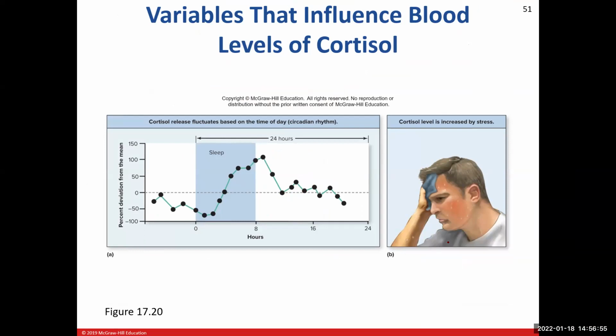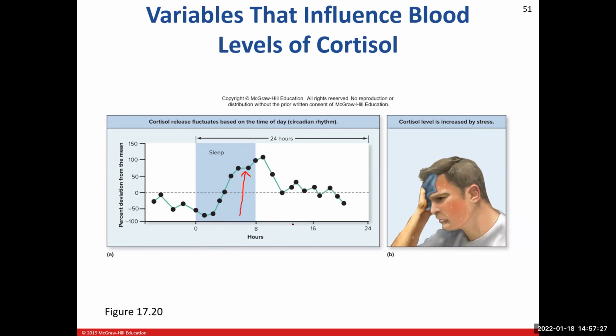So here you can see a couple of things that influence blood levels of cortisol. Again, it's based on the circadian rhythm, so the time of day will determine when cortisol is being released. If you notice, during your sleep time, cortisol release increases, especially as you get near the end of your sleep cycle. What's going on during that time? That's when your body is trying to repair itself.